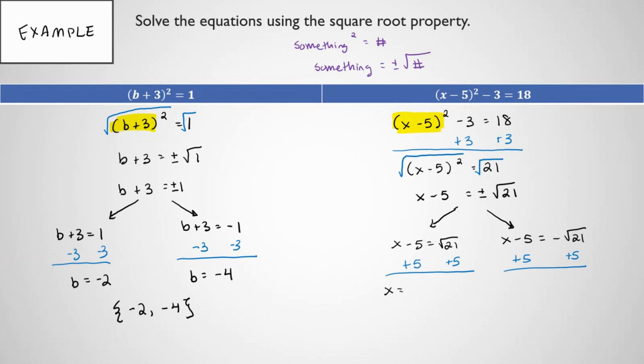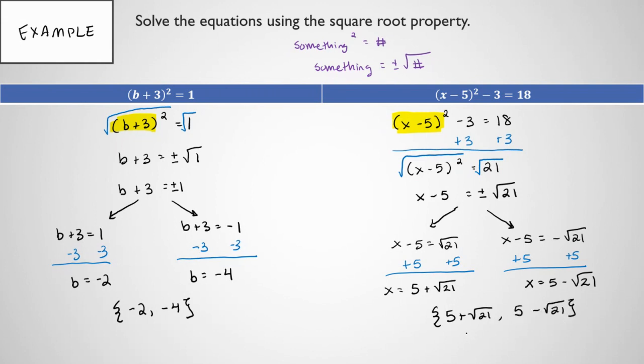So we write them as they are, sort of like we did with the literal equations. We usually put the whole number first. So I'm going to write 5 plus the square root of 21. And then our second answer is 5 minus the square root of 21, because we can't add these together since they are not like terms.